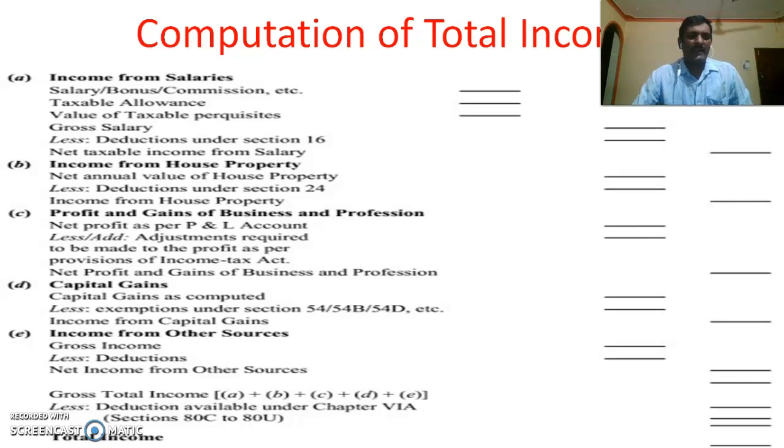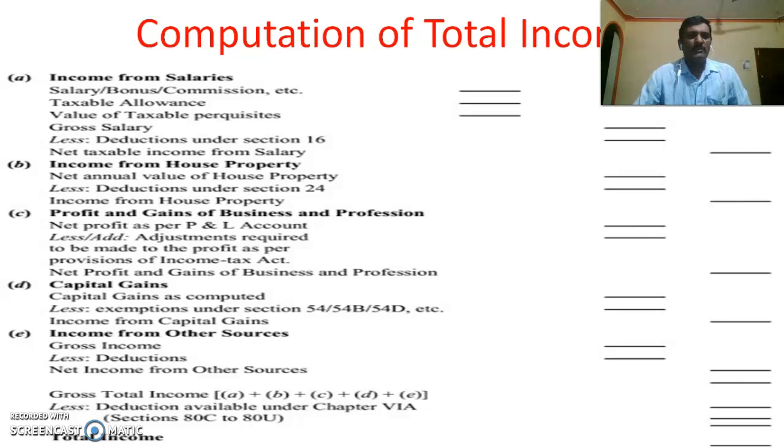These heads of income are to be covered with important items like this. Income from salaries covers salary, bonus, commission, etc. Then taxable allowances, if any, are to be taken in this head. We also have to add the value of taxable perquisites, if any, and then we will get the gross salary. From that gross salary, we have to subtract the deductions under section 16.